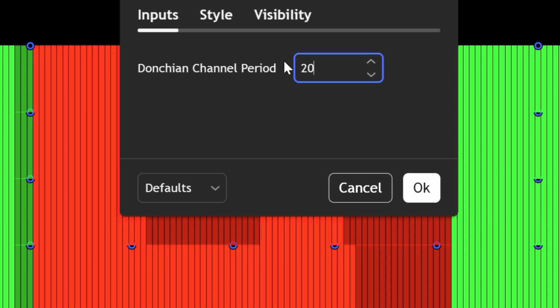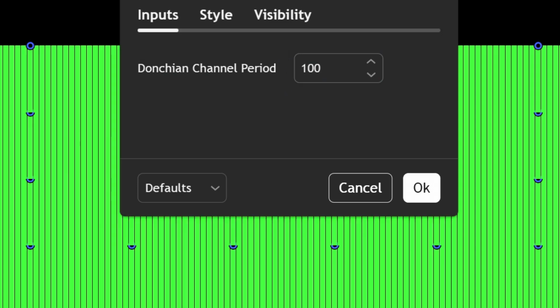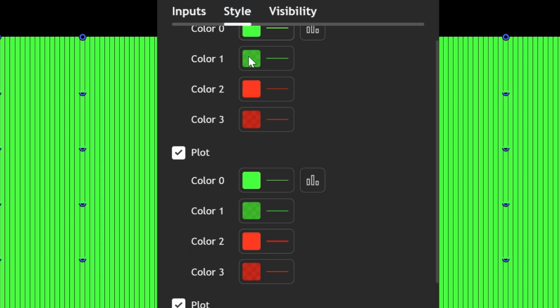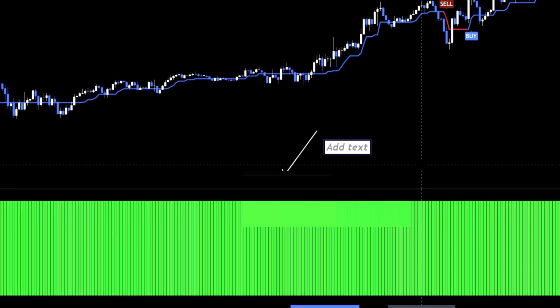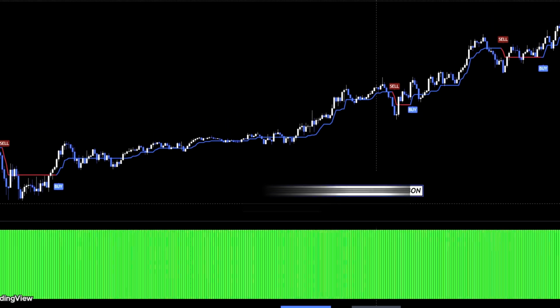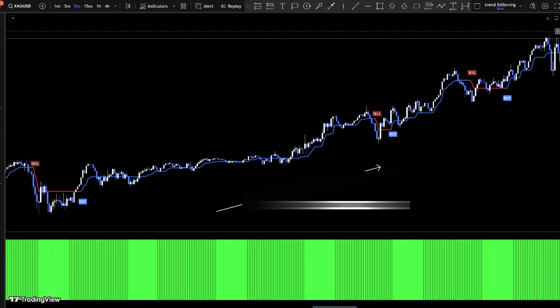Find the inputs section and change the Donchian channel period to 100. That's the only change we need to make here. So don't worry about adjusting anything else. Now when the ribbon turns green, it's telling us there's bullish momentum in the market, which means any buy signals during this time are valid.